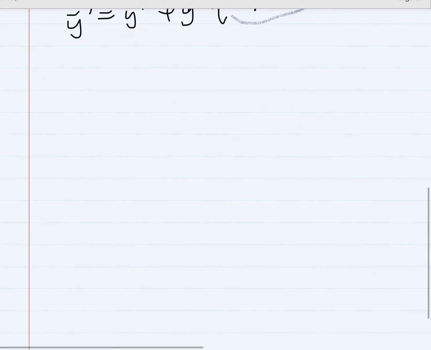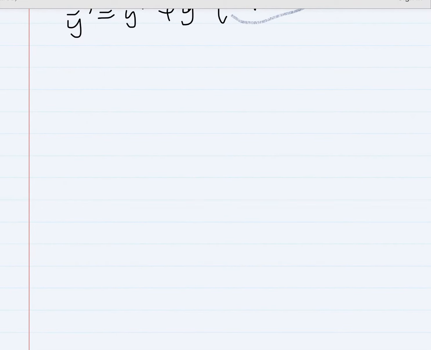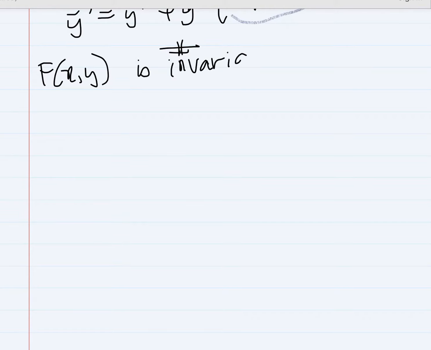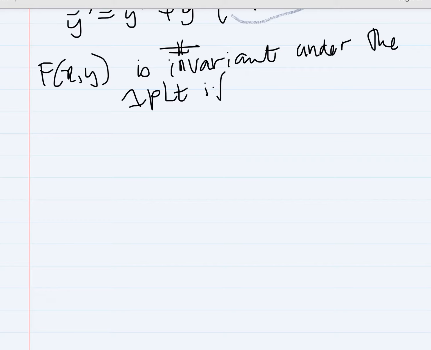Okay, the next thing to recall is we said that a function is left invariant under a one parameter Lie group of transformation if the function remains the same. So the function f of x, y is invariant under this particular one parameter Lie group of transformation if, and this was a definition, f of x bar, y bar equals f of x, y.